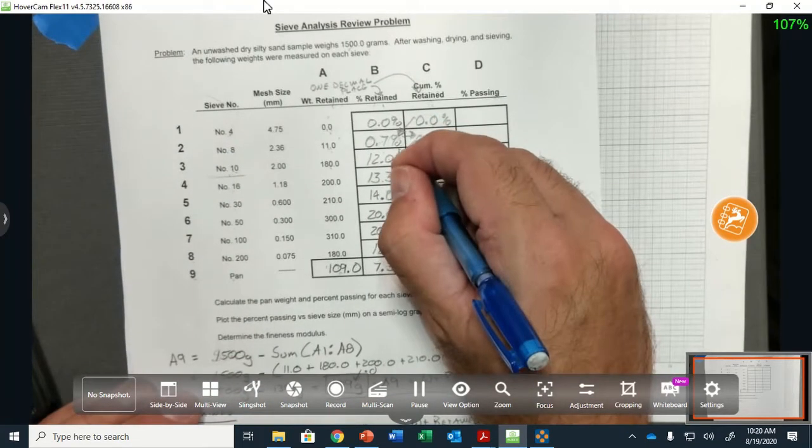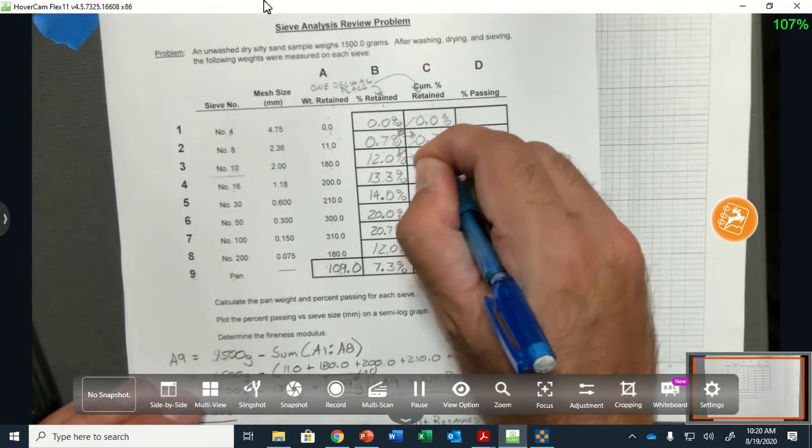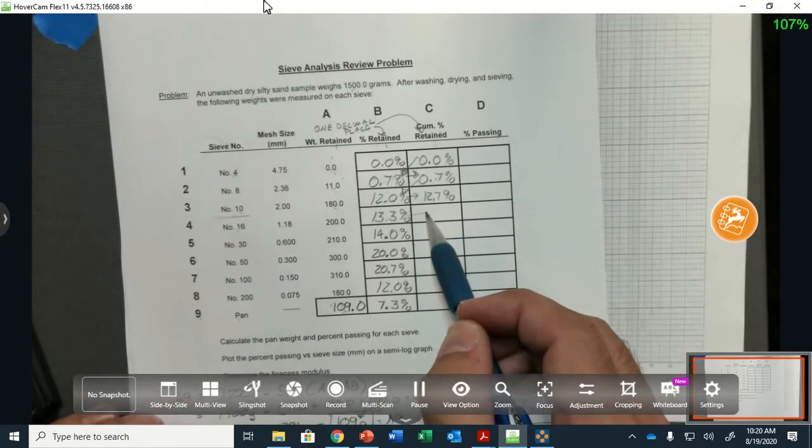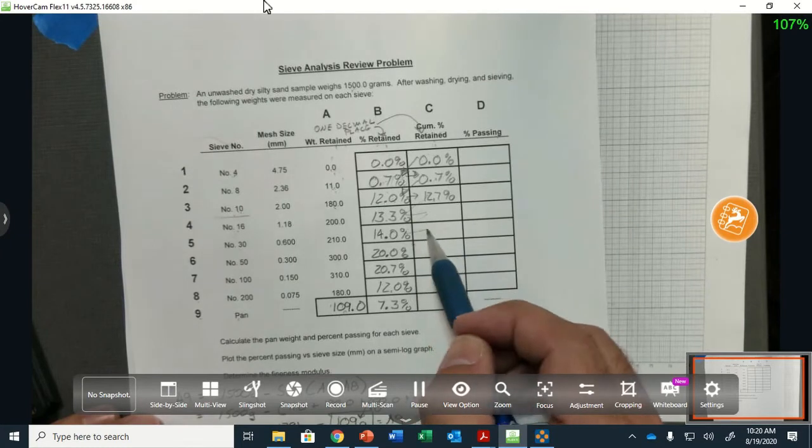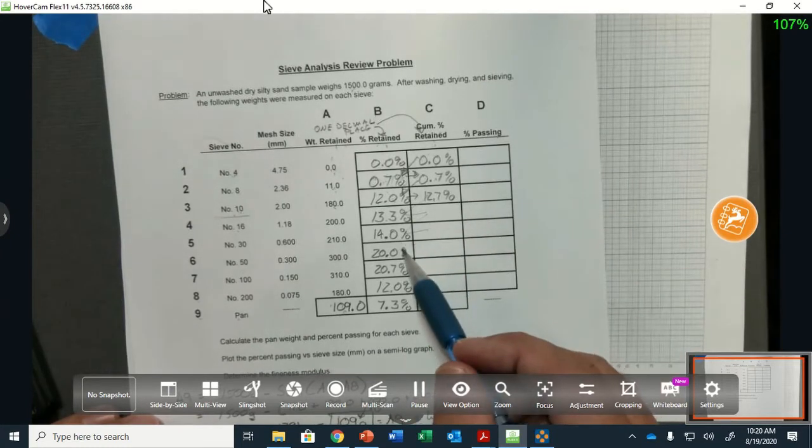And then I add that 12.7%. So that's how you do that. Literally you add this, that equals that. Add this to this equals that. It's just like I'm taking out the sieves, cumulative.